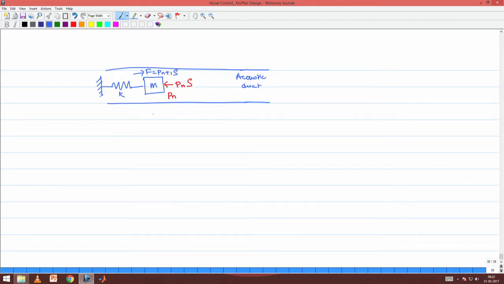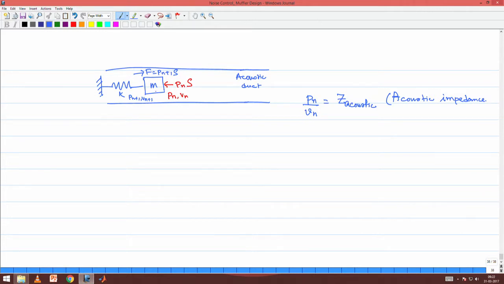So, all that we will know is that P n by V n is going to be the Z acoustic, that is the acoustic impedance. Okay. So, here just to the right of the right face of the mass you have the situation P n, V n, and on the left face of the mass you have the situation P n plus 1, V n plus 1.